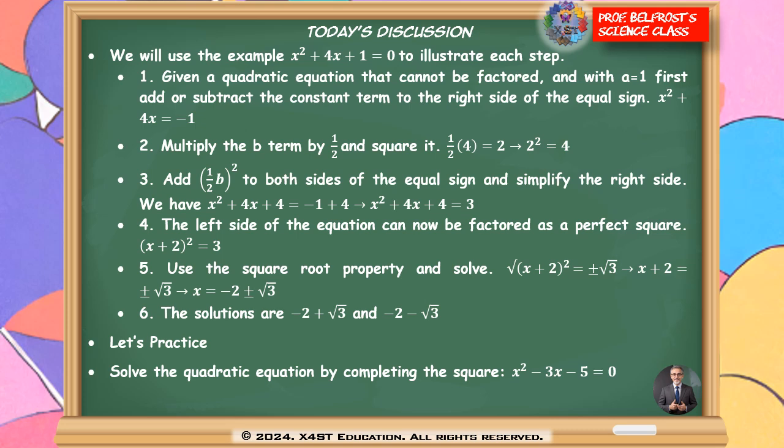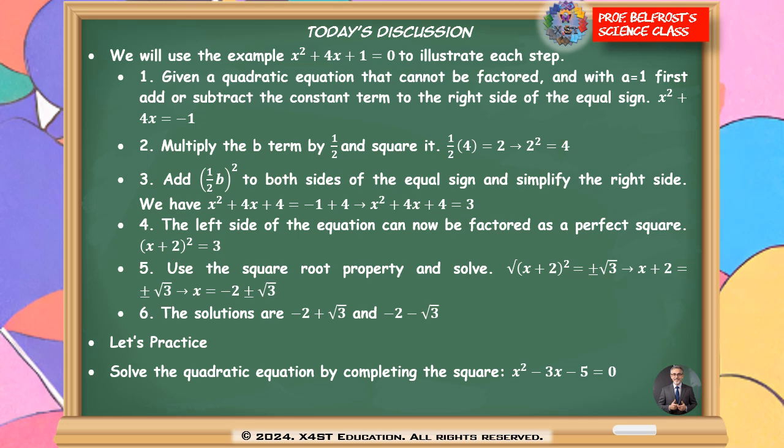Then add half b squared to both sides of the equal sign and simplify the right side. So we have x squared plus 4x plus 4 equals minus 1 plus 4, which gives us x squared plus 4x plus 4 equals 3. Actually, this is the same as the first equation, right? And then the left side can be factored as a perfect square. It is the square of the sum of x and 2. And the right side is still 3.